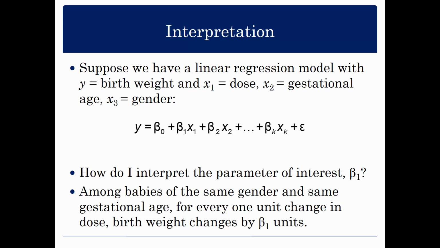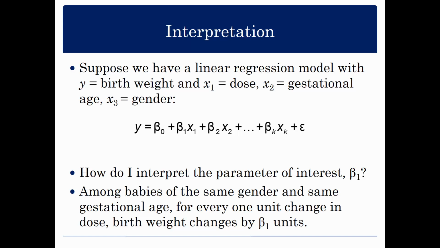In other words, maybe for male babies, the relationship between dose and their birth weight is different than it is for female babies. It's possible. Does anyone know what that thing is called in the context of a regression model, when you have the treatment effect actually being a function of another factor in the experiment?